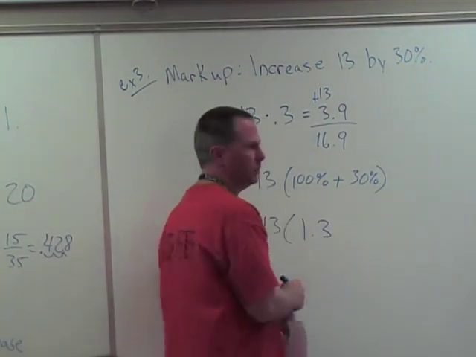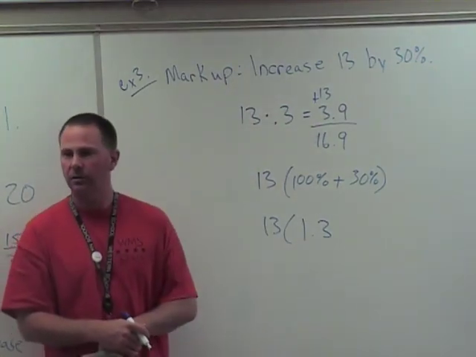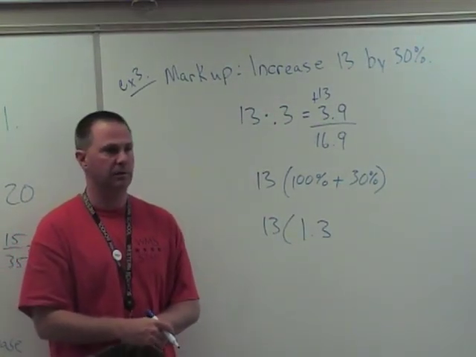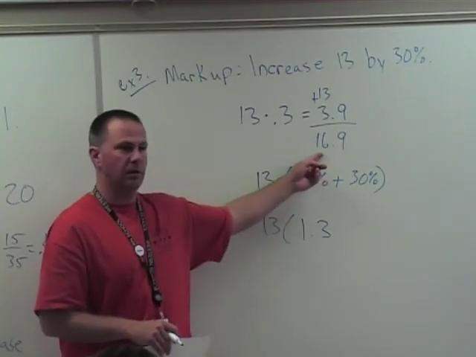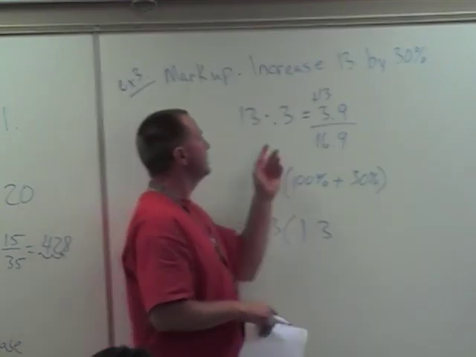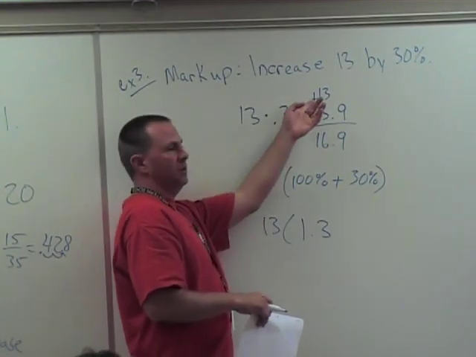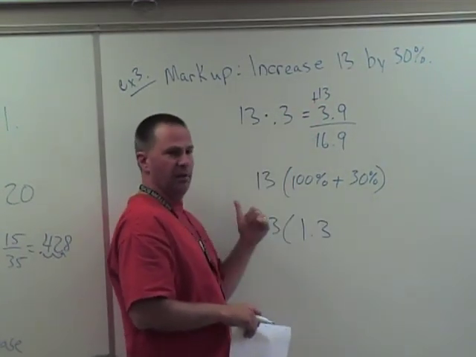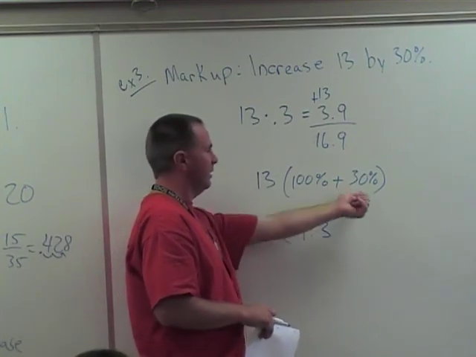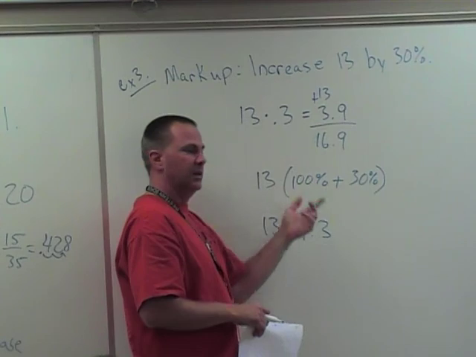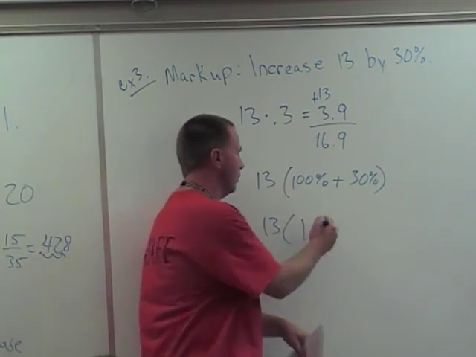Everybody tell me what 13 times 1.3 is on your calculators. 16.9. Because you're adding it back to itself, that's 100% of 13, right? And you're adding the 30% you figured out. So this is just a short way of figuring the total.